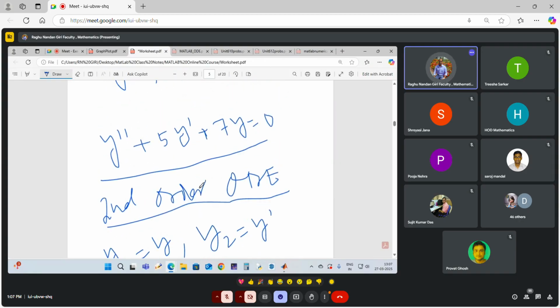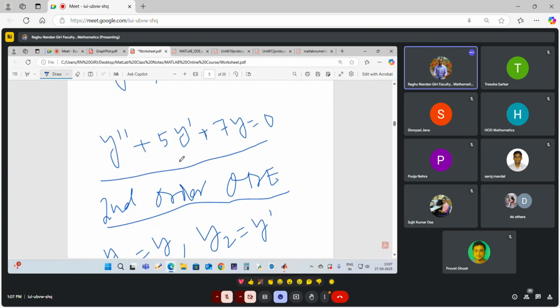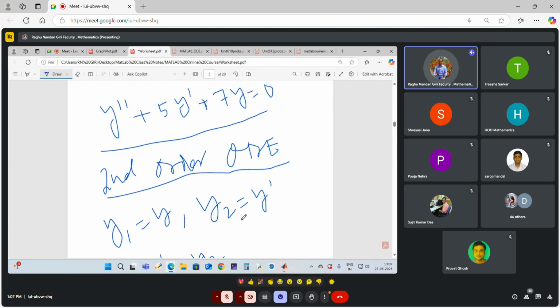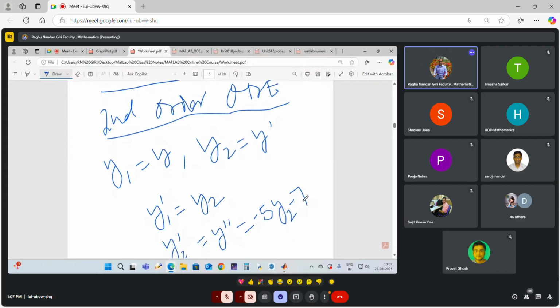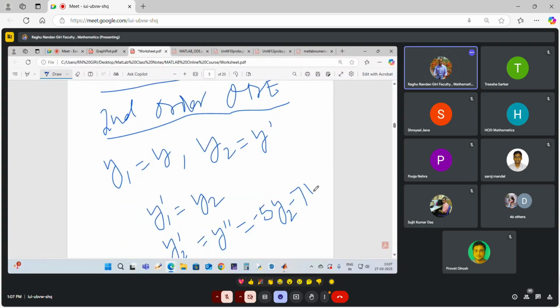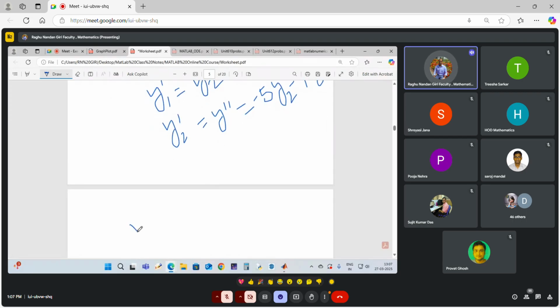That means y double dash equal to minus 5y2 minus 7y1. That is how we can write this in the vector form: capital Y dash equal to capital F of t comma y.